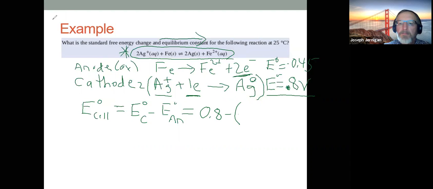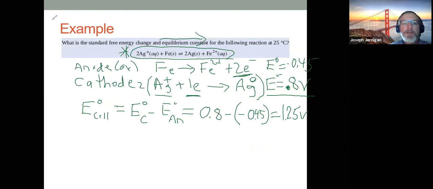Yes, minus, you've got to watch that because it will bite you. 0.8 minus negative 0.45, which is equal to roughly 1.25 volts. So that's a galvanic cell as written, and it has a voltage. Cell voltage is 1.25 volts.